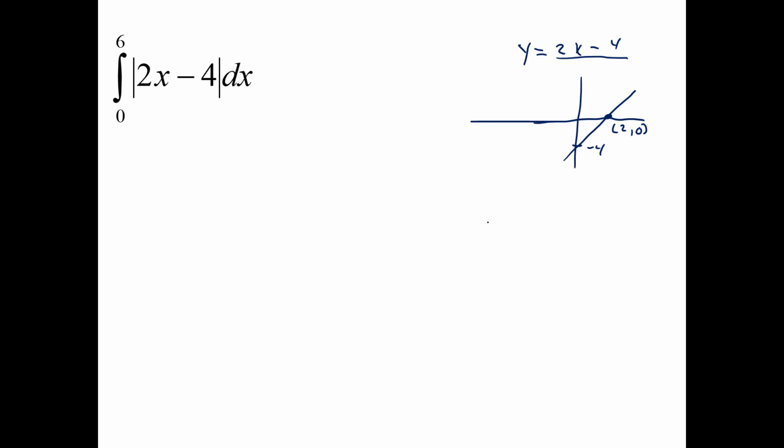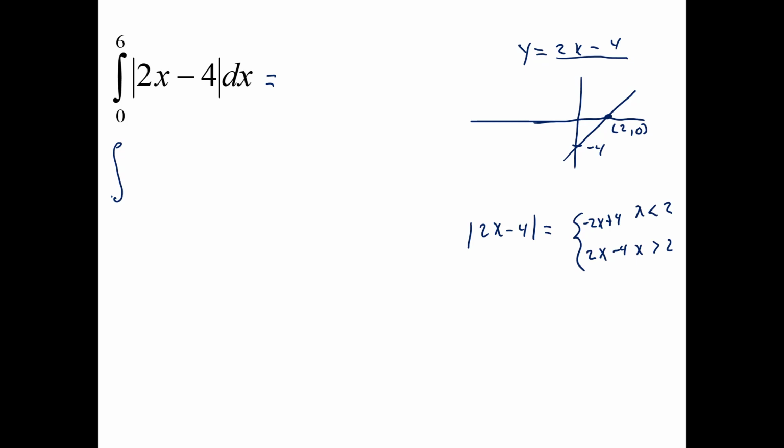So then what that tells us is that the absolute value of 2x minus 4 can be rewritten as a piecewise defined function. When x is less than 2, we get the opposite, which is negative 2x plus 4. And when x is bigger than 2, then we get the same thing, 2x minus 4. And so what we can do with this one integral, this is one of the reasons why we learned one of the theorems from last section.